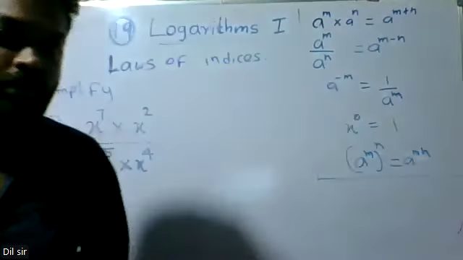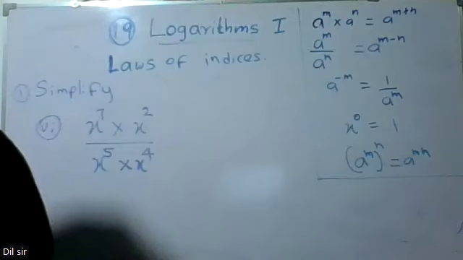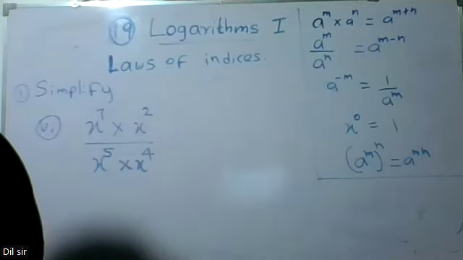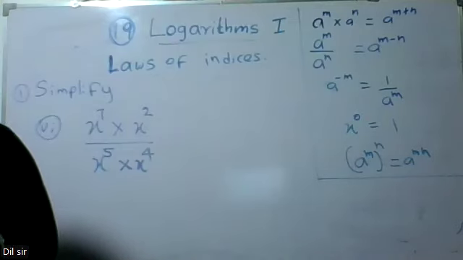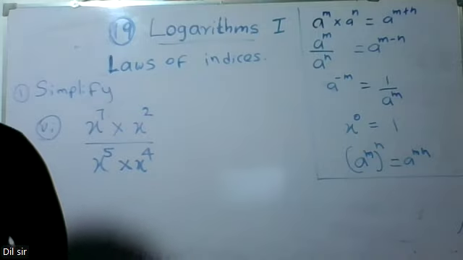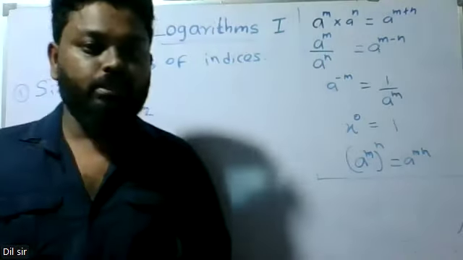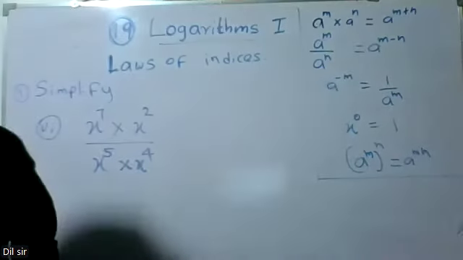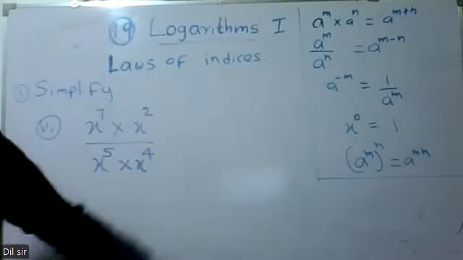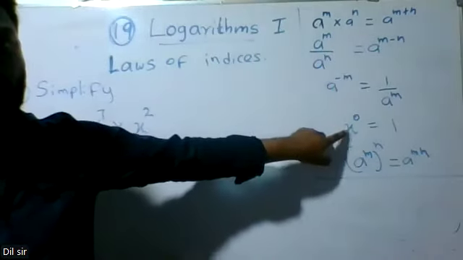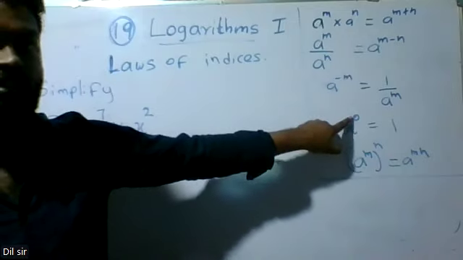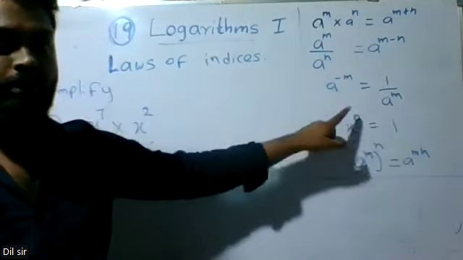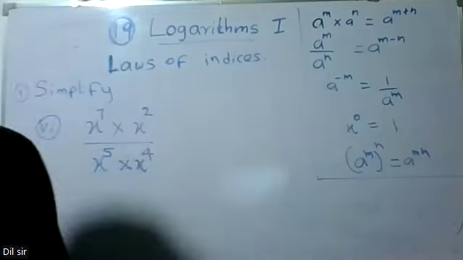Yes, Ovini: x to the power 0 is 1. The answer is 1. Then Dinu, what is x to the power 0? If the power is 0, what is the answer? Yes, it is 1.